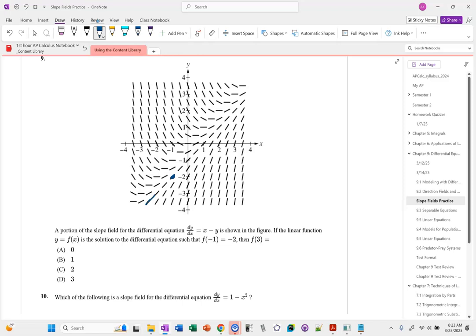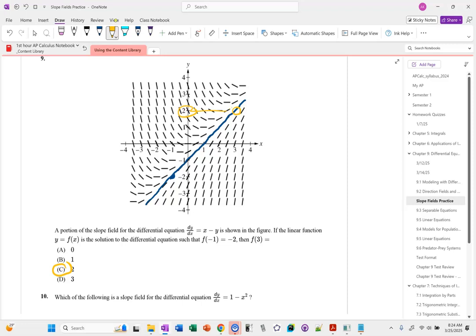So if I were to draw that solution, it looks like that, right? f of 3 appears to be 2. Everybody feel okay with that?